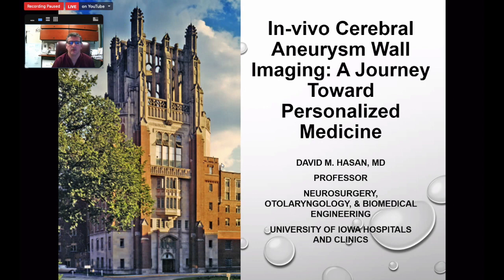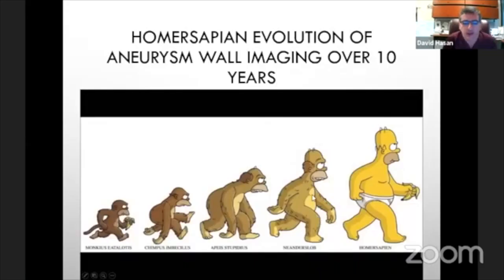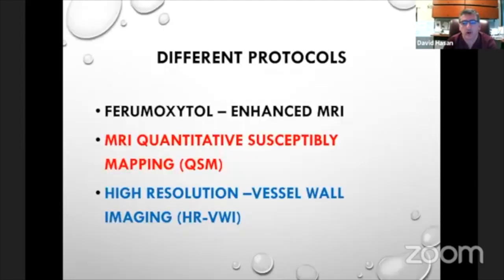And that evolution has been progressive and getting better and better. And it's a teamwork. It's not just our group, but different groups from around the world helping and participating to improve this technique. So again, this is an evolution of our understanding of aneurysm wall imaging.